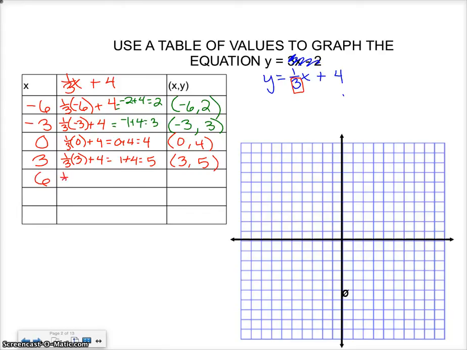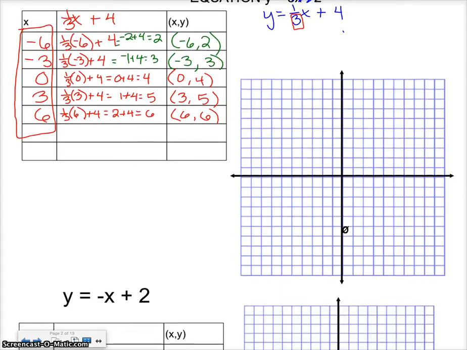And then a third of 6 plus 4. 6 divided by 3 is 2. 2 plus 4, which is 6. So again, all that changes with the fraction is the numbers you pick. You want to be nice to yourself, because if you weren't nice to yourself, you'd have fraction answers, and you don't want to do that.